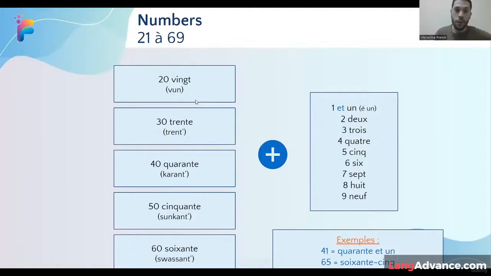Next, let's get to 30. So 30 will be trente. Then we have 40, quarante. Again, remember, like I said last video, make sure you don't pronounce the 40 like qu, with the QU. It's just quarante, okay?